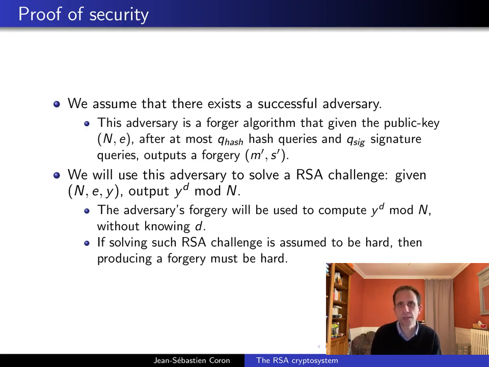And so this means that using the forger, we can solve this RSA challenge. And conversely, if we assume that solving an RSA challenge is a hard problem, that there is no efficient algorithm that can solve this problem, this means that producing a forgery must be hard, and so there are no attacks against full domain hash.